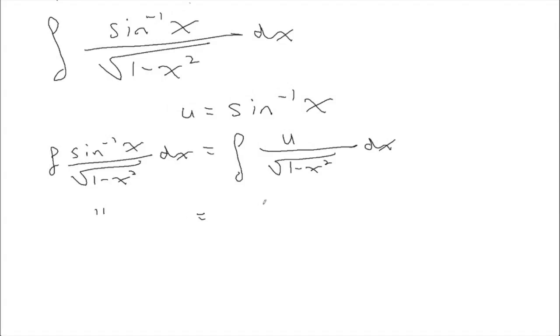Then what? So let's see. Now we can rewrite the integral as the integral of u times 1 over square root of 1 minus x squared dx.